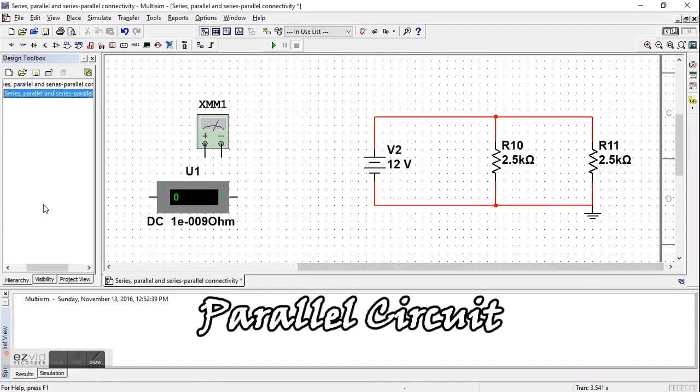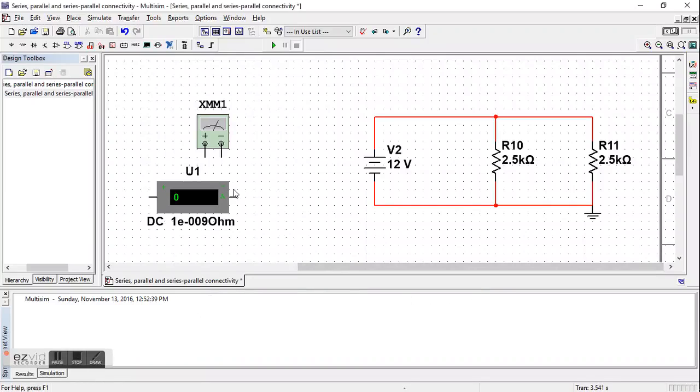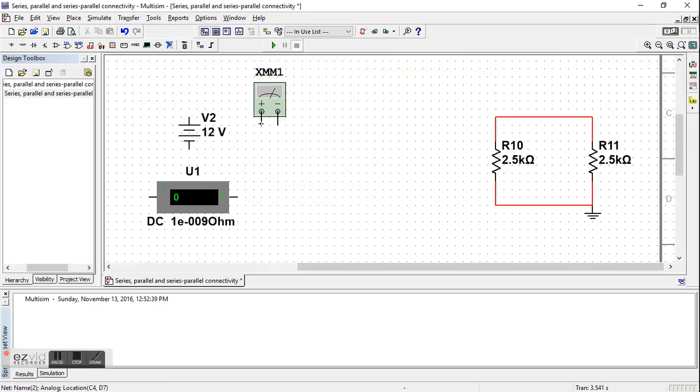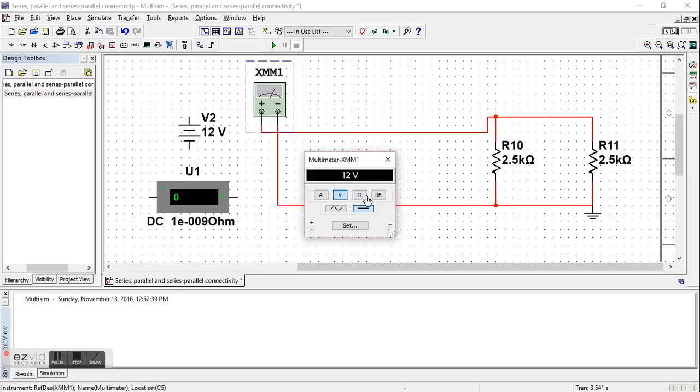Okay guys, so this time we will measure the total resistance, total voltage, and total current of this parallel circuit. So first, for the total resistance, remove the power source first. Then connect each terminal to the circuit. Then run the circuit.